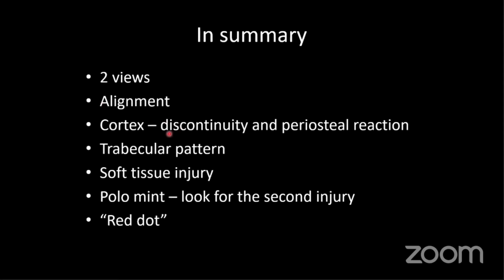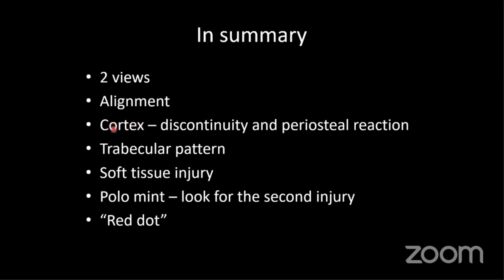So you want to look for any steps, any discontinuities, or any abnormal lucencies in the cortex. And you want to look slightly beyond the cortex to see if there's cortical thickening or periosteal reaction. That's the fluffiness or ill-defined edge to the cortex. Even if you can't see a cortical step or a defect, periosteal reaction implies there's something else going on.